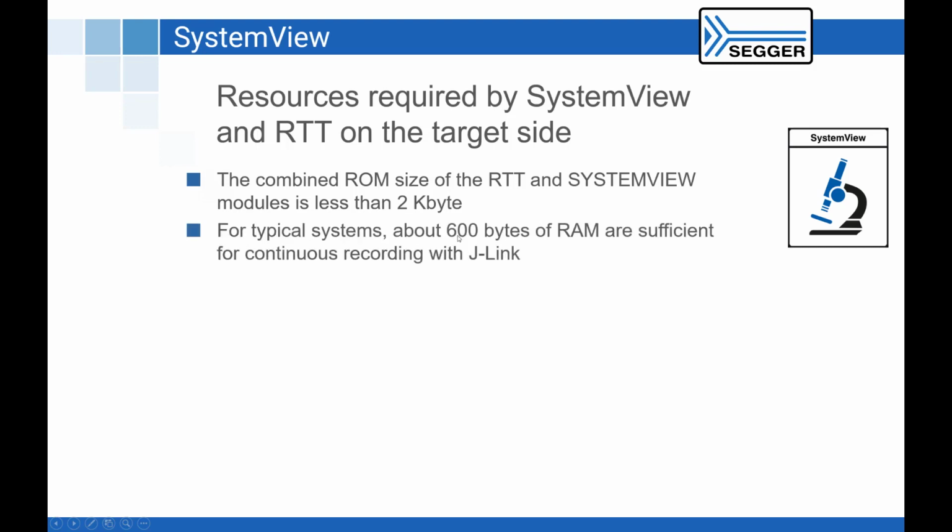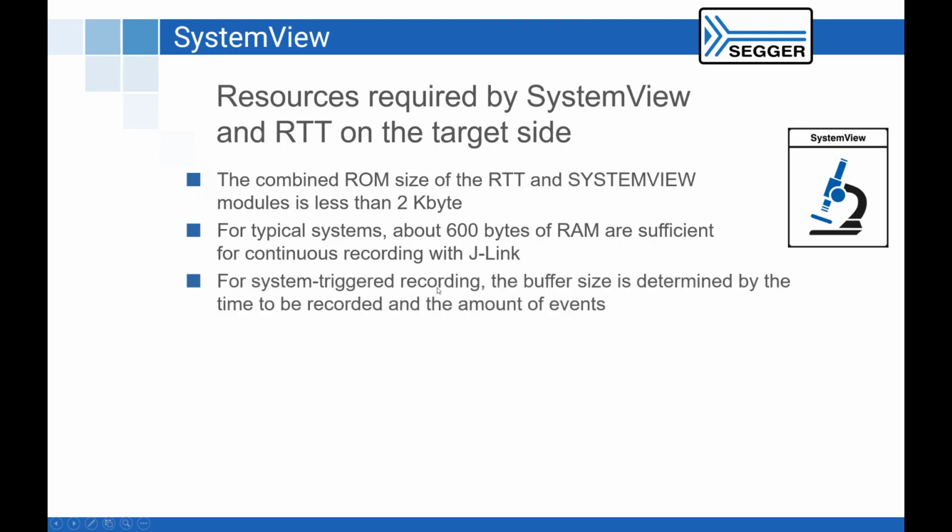And usually 600 bytes of RAM should be enough for a typical system for continuous recording. Obviously, like I mentioned earlier, if you have more RAM available, you can increase the buffer size and increase your throughput a bit, but typically 600 bytes are fine.